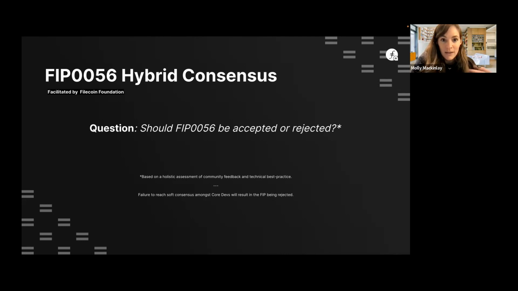So this was an argument that was used against the FIP, which was disproven. And from my vantage point, I still hear that argument coming from some storage providers. So I think there is still misinformation about the potential value of this FIP.